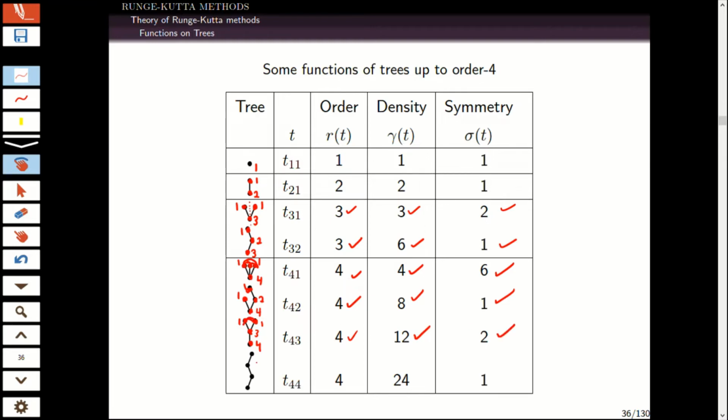Now the last one, we have order 4, and the densities 4, 3, 2, 1. So we have 12 times 2, density is 24. And that's only one way to label it. So this is how you find the symmetry, order, and density of a tree up to order 4.